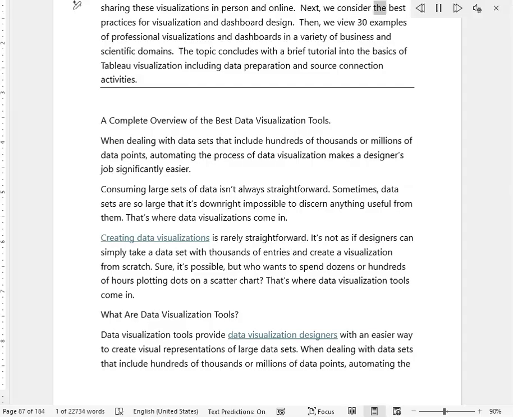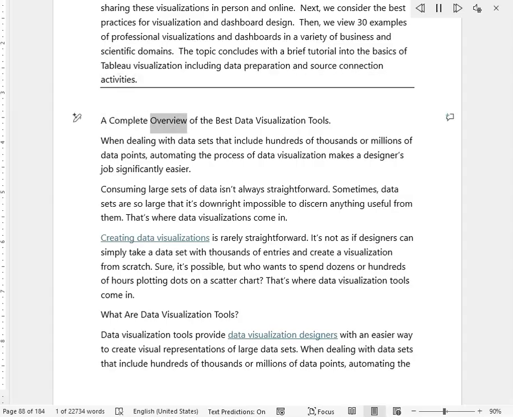Next, we consider the best practices for visualization and dashboard design. Then, we view 30 examples of professional visualizations and dashboards in a variety of business and scientific domains. The topic concludes with a brief tutorial into the basics of Tableau visualization, including data preparation and source connection activities.